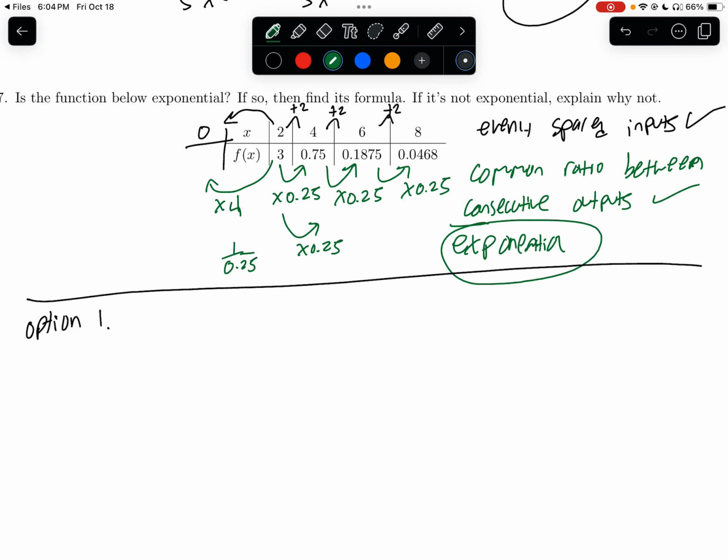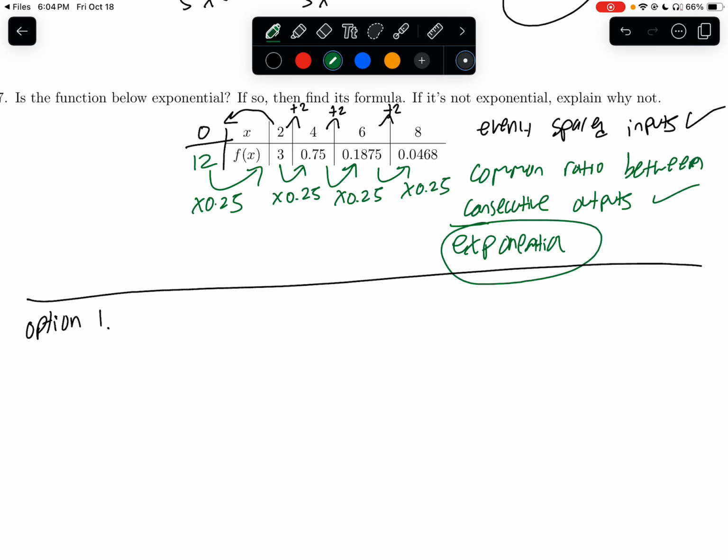So this tells me that the initial value should be 12. And we can check that this works, because if I pretend I started with this table now, and I went from here to here, I would multiply by 3 divided by 12, which is 0.25. And so that still works.